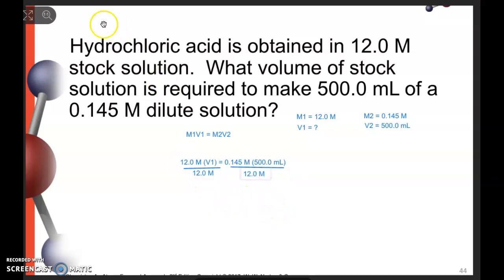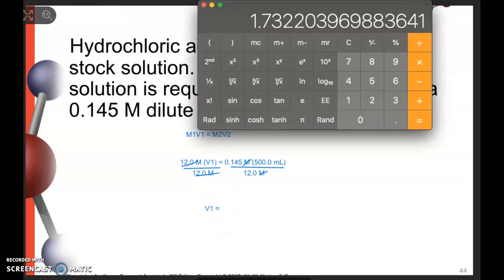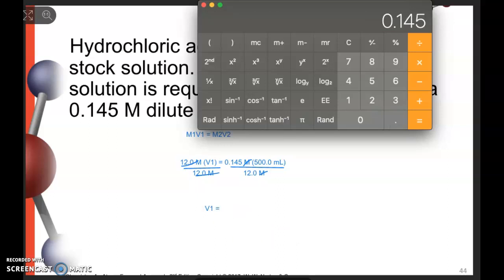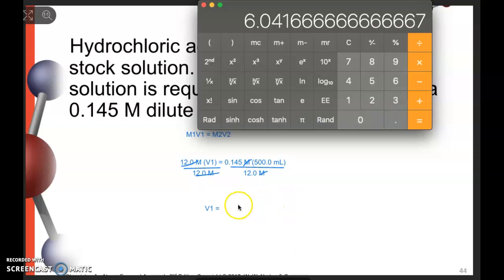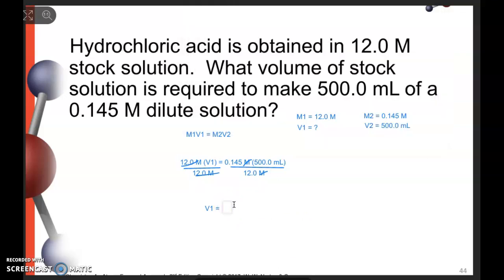And when I do so, my 12 molars will cancel on the left-hand side. My molar concentrations will cancel out on the right-hand side. And so I'm left with V1 is equal to 0.145 multiplied by 500 divided by 12.0. To three significant figures, I need 6.04 milliliters of stock solution.